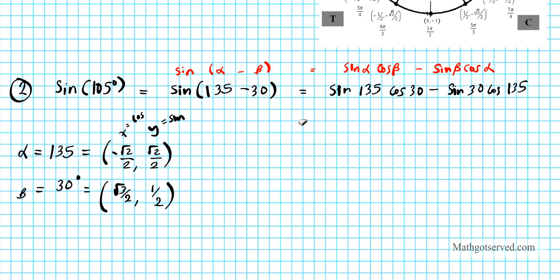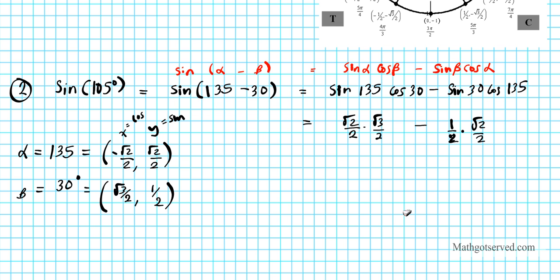Okay? All right, so what is sine 135? Sine 135 is the y coordinate of 135, which is root 2 over 2. Cosine 30 is the x coordinate of 30 degrees, which is root 3 over 2, minus sine 30 is the y coordinate of 30 degrees, which is 1/2, times cosine 135, which is root 2 over 2.